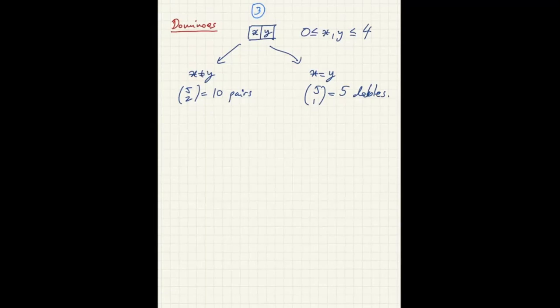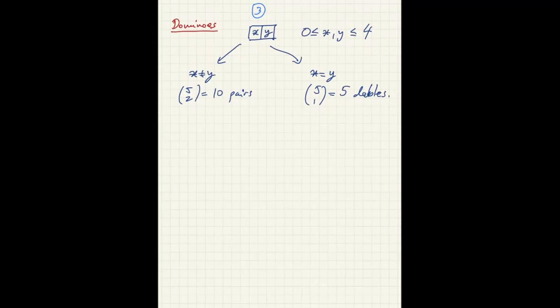And a natural question is, can we actually lay down these 15 domino pieces in a circular shape or in a line shape, such that the number that's the end of one domino piece equals the number that's the beginning of the next domino piece.